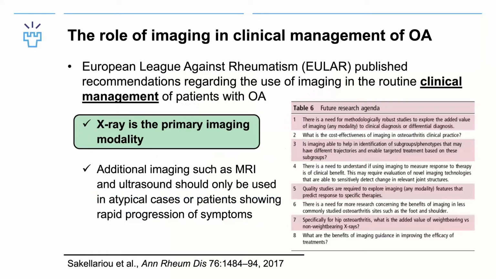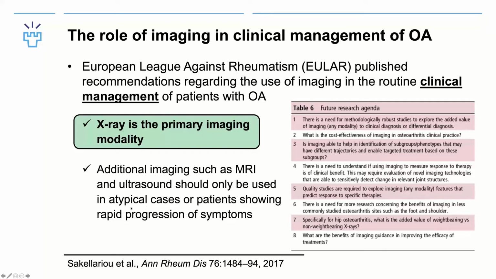In osteoarthritis imaging and diagnostics, X-ray is actually the primary imaging modality. There are recommendations that in routine clinical management of patients with osteoarthritis, you don't need any additional imaging such as MRI, CT or ultrasound.